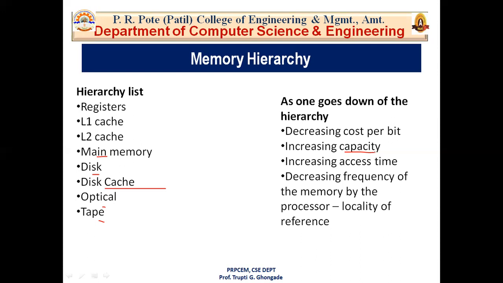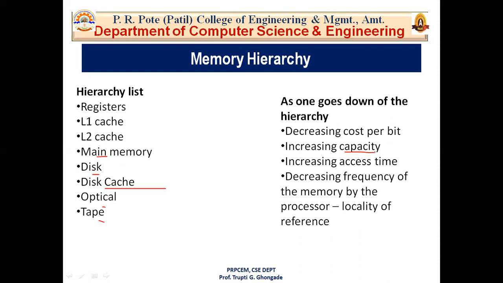Size of word means it may be 16-bit, 32-bit, or 64-bit. But the main memory size is somewhere around 4 GB, like our RAM. Then disks, optical disks, or tape come in capacities of 1 terabyte, 2 terabytes, like this.